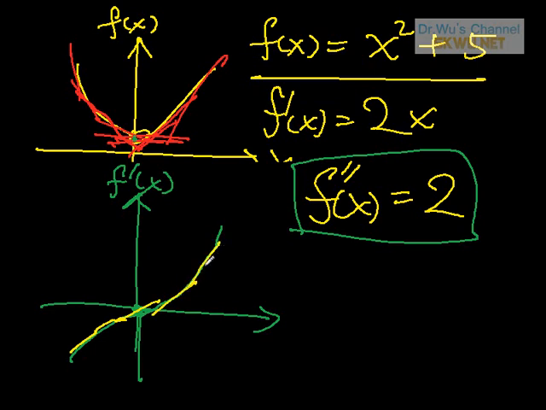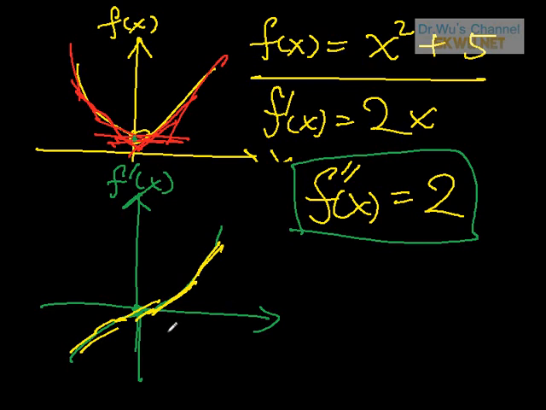What that means is this: let's think about velocity, acceleration, and position. This green line is velocity. This yellow line in here is acceleration.